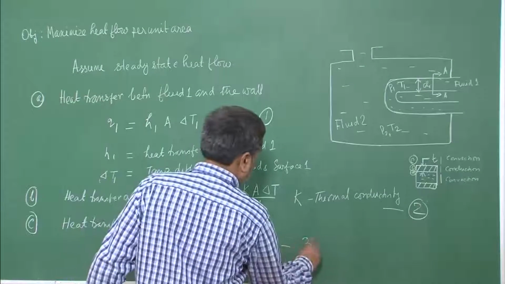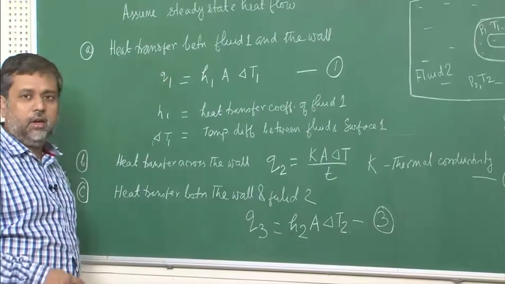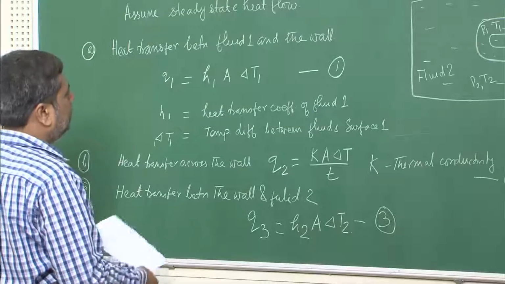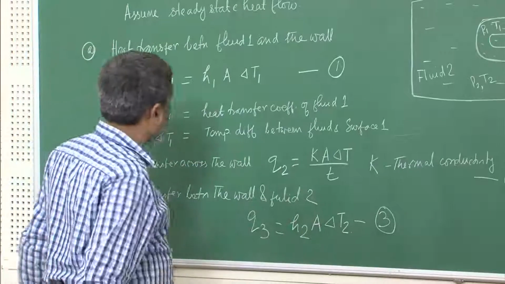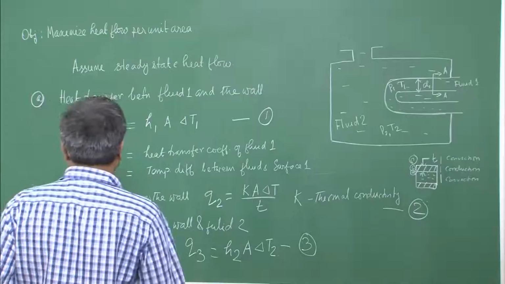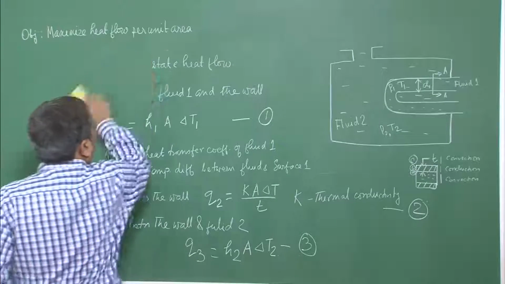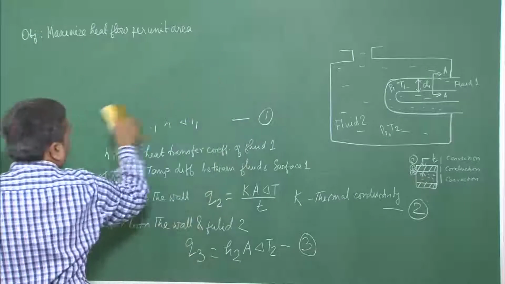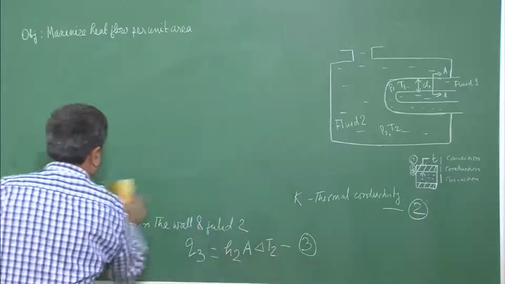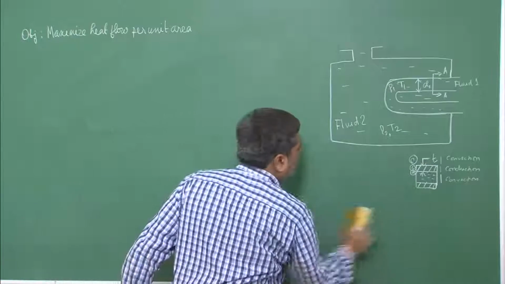This is my third equation. So, we have to basically get an equivalent expression of heat transfer on the basis of these three equations. If we keep these equations in mind, then we can go for this equivalent heat transfer. So, let us erase these parts now and try to get a formulation for the equivalent one which takes care of all these three things together.